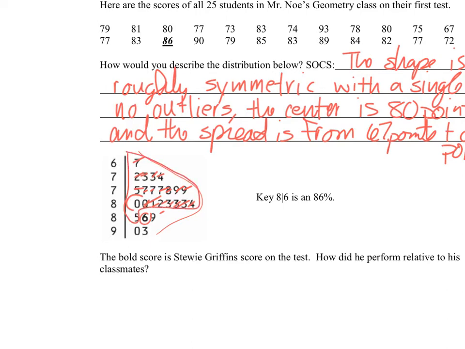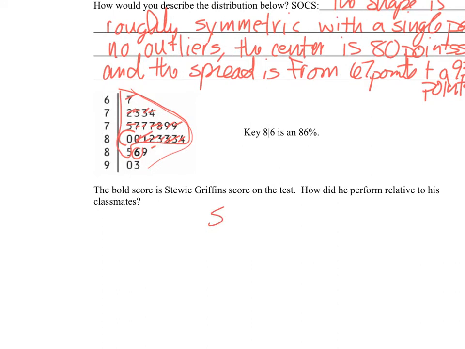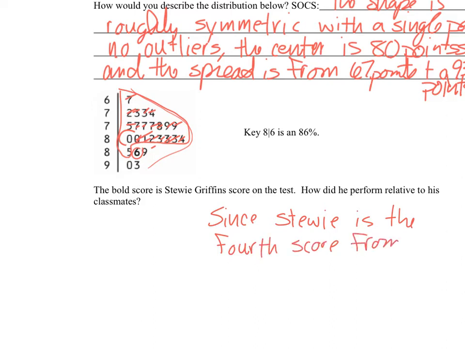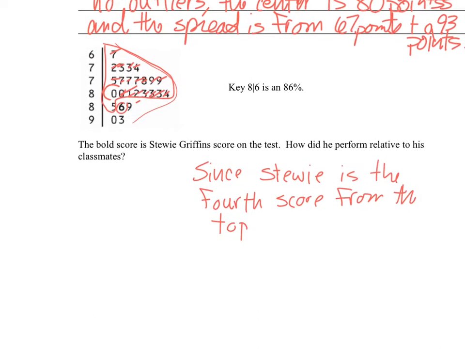So we would say, since Stewie is the fourth score from the top, 21 people scored below him.